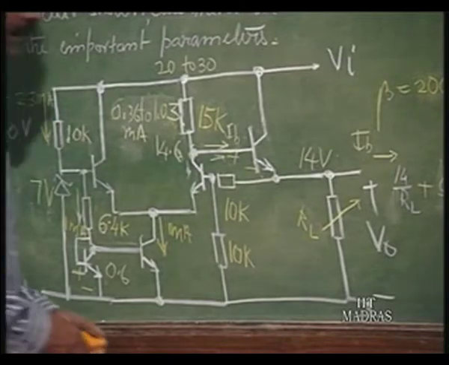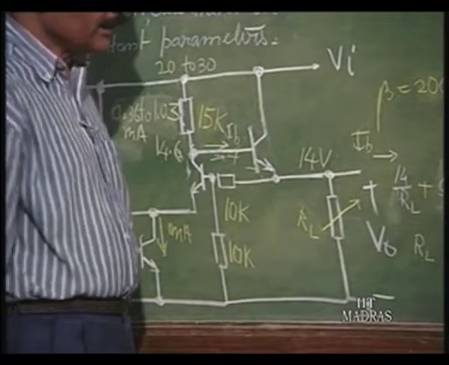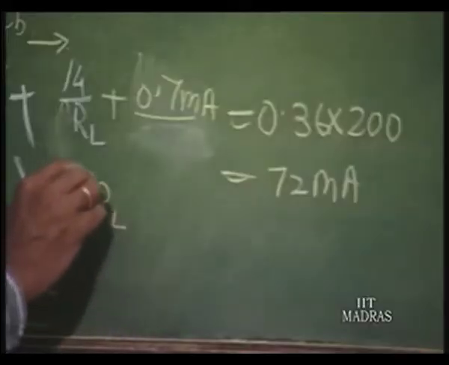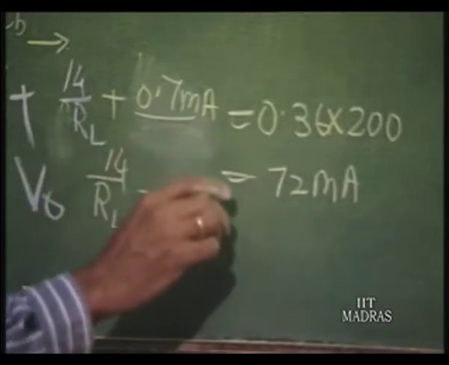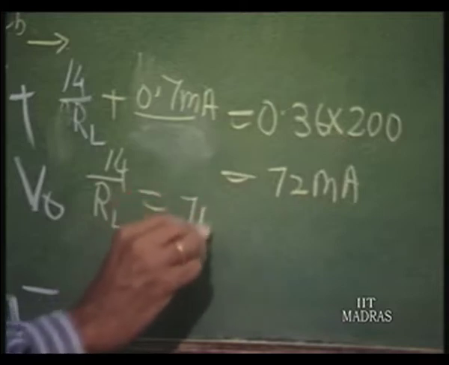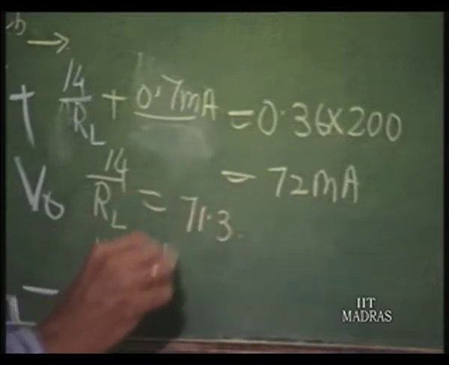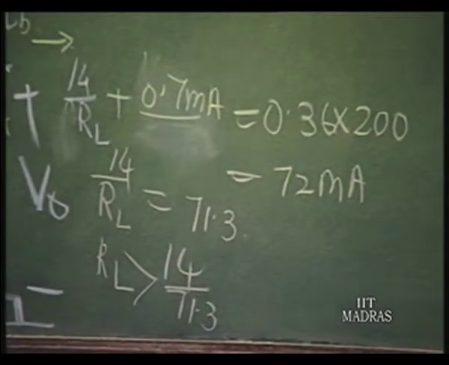So, you can now see that RL should be greater than some value, because this you can now find out, 14 by RL should be equal to 72 minus 0.7, that is 71.3. So, RL should be greater than 14 by 71.3. Okay.